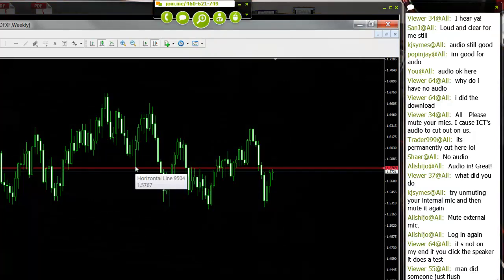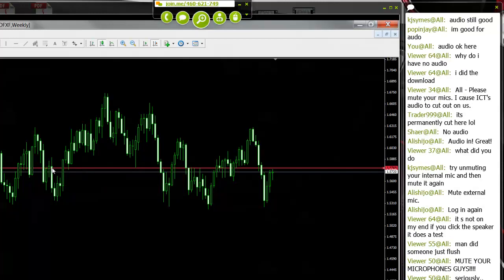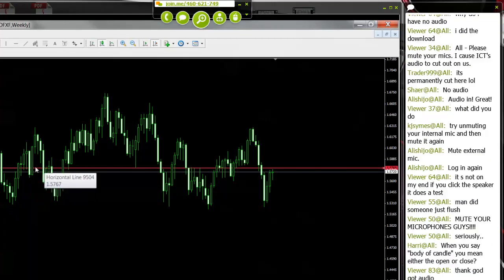You can hopefully see this nice rejection, which is of particular interest for higher time frame support and resistance. We have the low here, the bodies of the candles in here, the high of that candle, the lows of the candles, the high of this candle, the high of this candle, the low of this candle. That level should be noted on your charts.